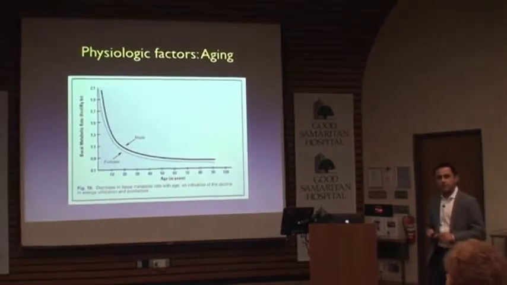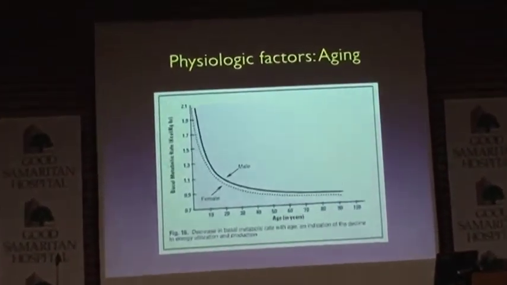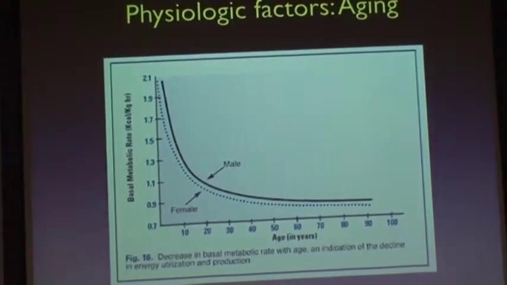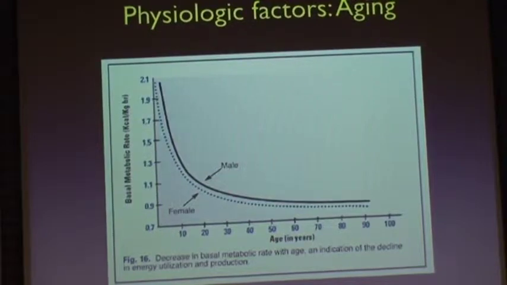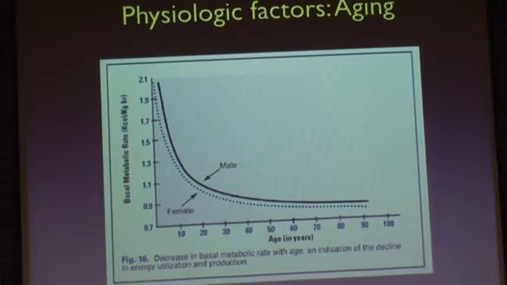Then we have some of the very physiologic things that occur in our human lifespan. As we age, that big 65% slice of the pie you saw, the basal metabolic rate, our BMR, really drops down significantly. And so we don't require so much energy to keep the lights on.